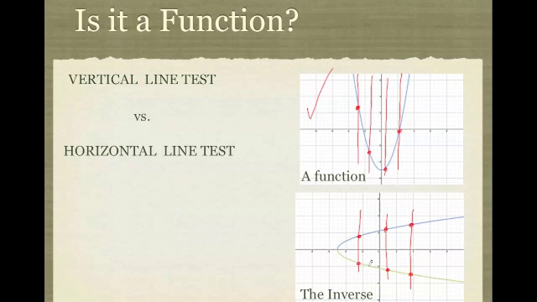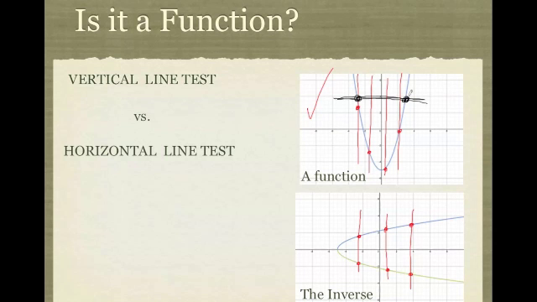So mathematicians came up with another way to test this, and it's called the horizontal line test. This time I'm going to draw a horizontal line through my original function. Notice that this function fails the horizontal line test because it intersects it in two places.